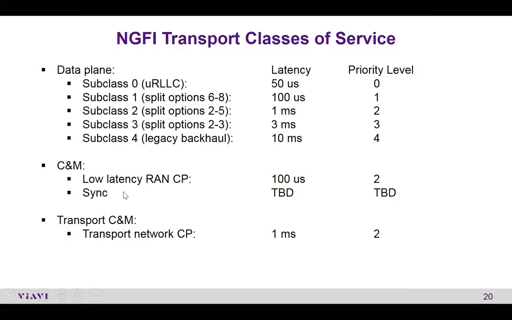Otherwise, there's no requirement. It's much more relaxed. But low latency RAN on the control plane requires 100 microseconds. For sync, it is still TBD in the standards bodies that are working on that. And then the transport CNM has its own requirements. And this is the priority level. It's obvious the more stringent, the higher the priority level that is being defined.